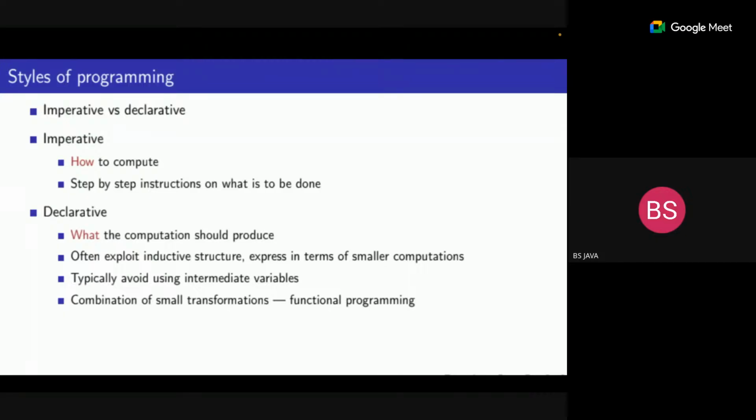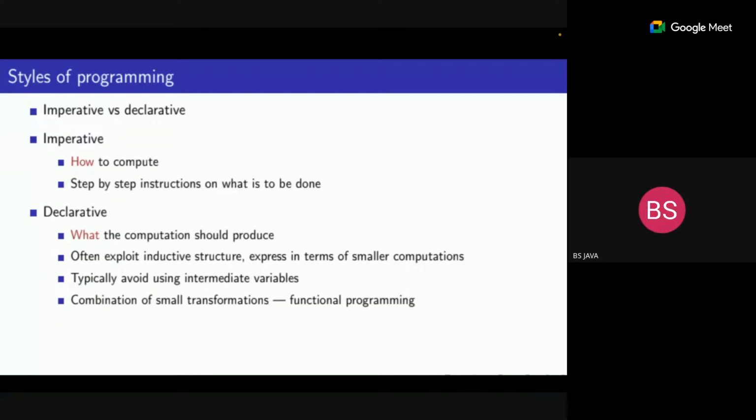In the imperative style of programming, what we focus on is how to compute something. And in this style, the instructions that we write to the machine are step by step instructions. We'll say, take this, do that. That kind of step by step instructions will be written in imperative style.